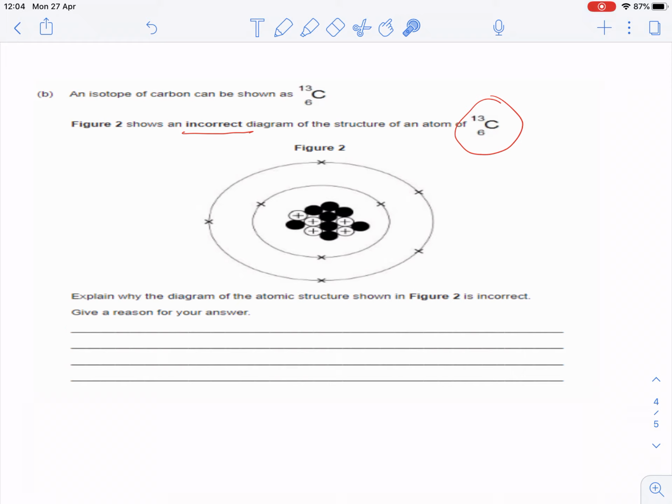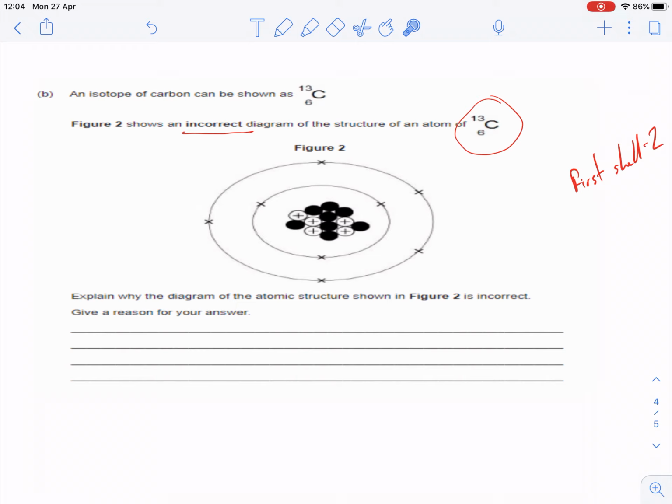Now, there's 4 marks up for grabs here, so we need to think about what's going on. In terms of atomic structure and electron configuration, we know that in the first shell there should only be 2 electrons. If I look here at the inner shell, I can clearly see that there are 3 electrons. So that's incorrect to begin with.